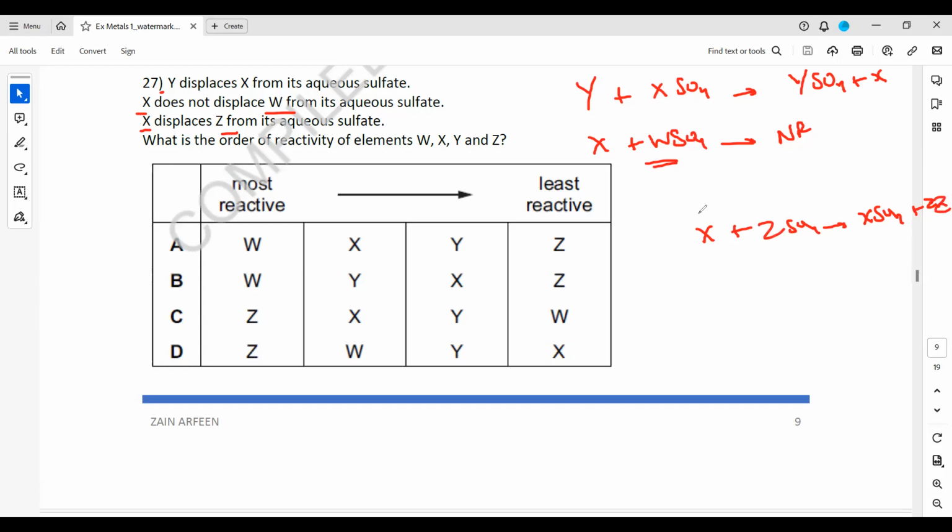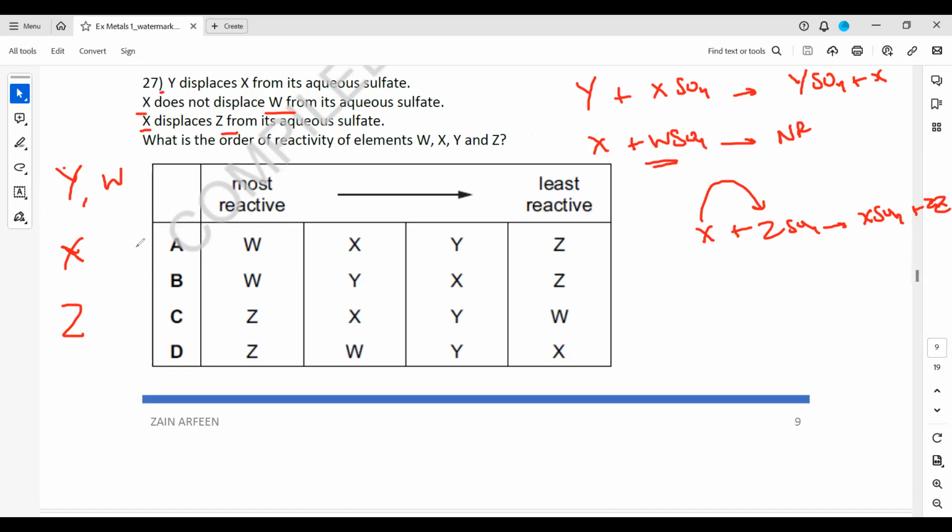So which is more reactive? What is the order of the reactivity between X, Y, W, and Z? Y displaces X, so Y is above X. Then X is not able to displace W, so W will be above X. Then X displaces Z, so Z should be the least reactive.